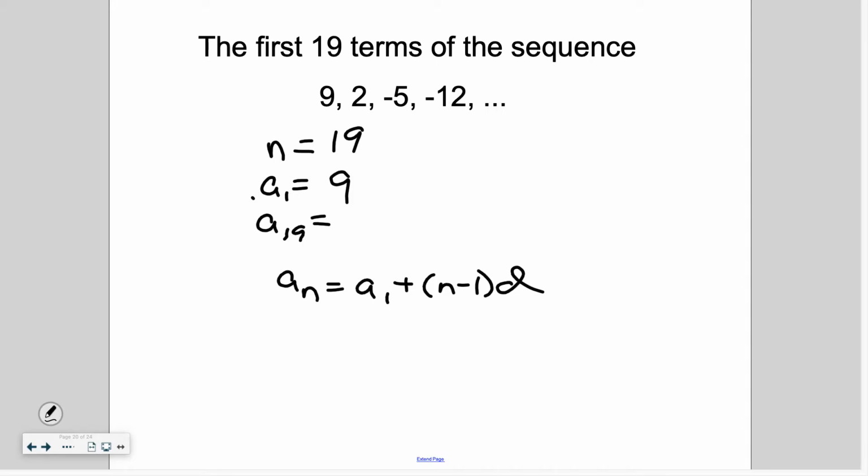So you can really just plug that all in. You don't really need the actual formula itself. They're not asking for that. So 9 plus 19 minus 1 times that difference.